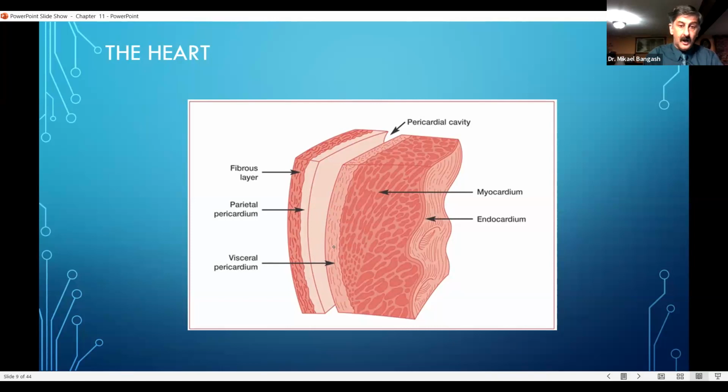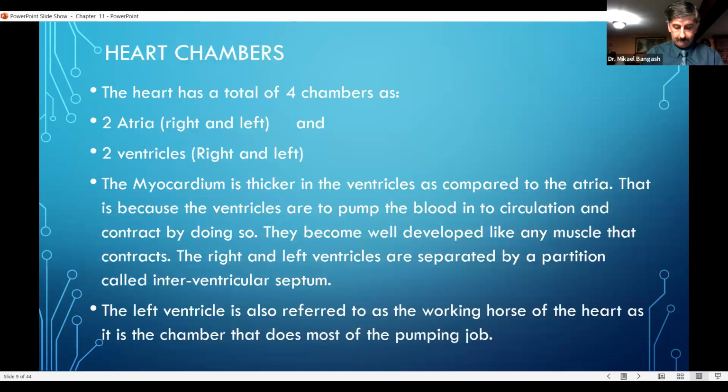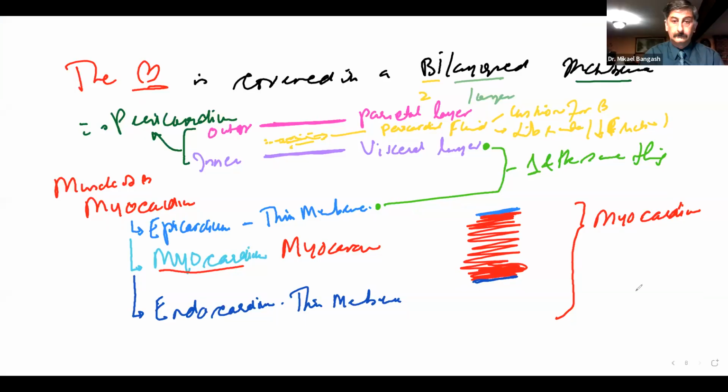Whereas this visceral pericardium here now becomes part of the myocardium, and this will be called the epicardium. Then we have the myocardium, and on the inside of the myocardium is the endocardium. Did you guys get that? Good.